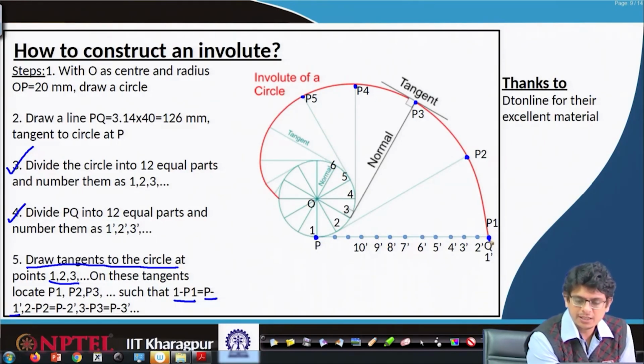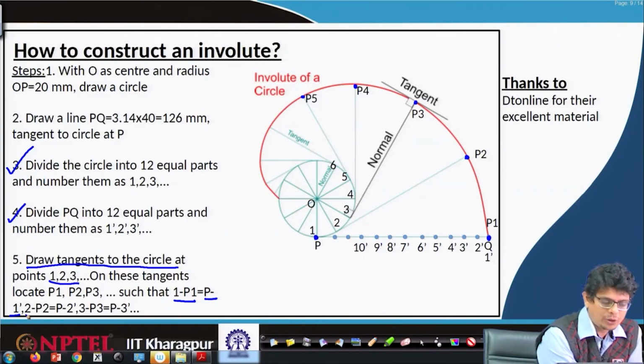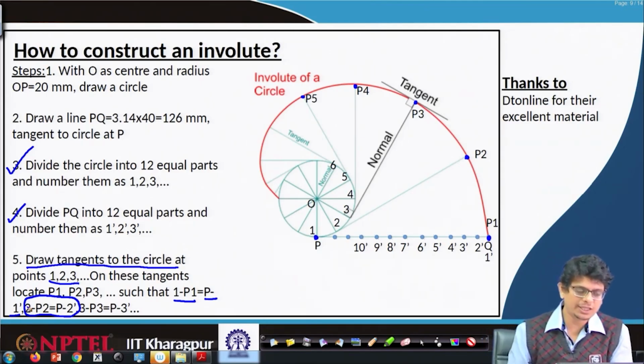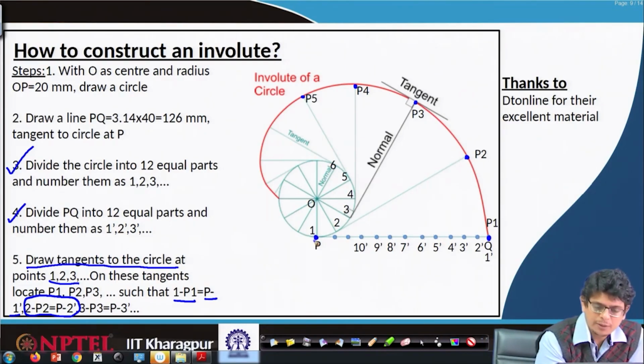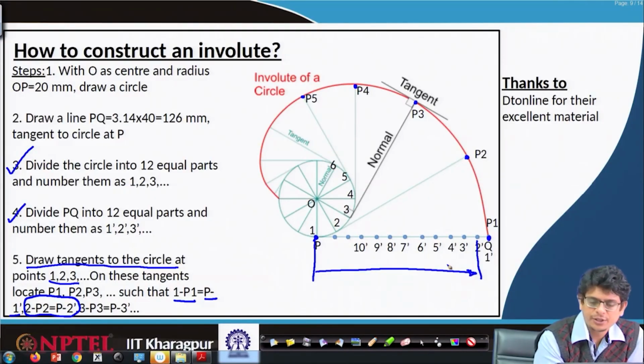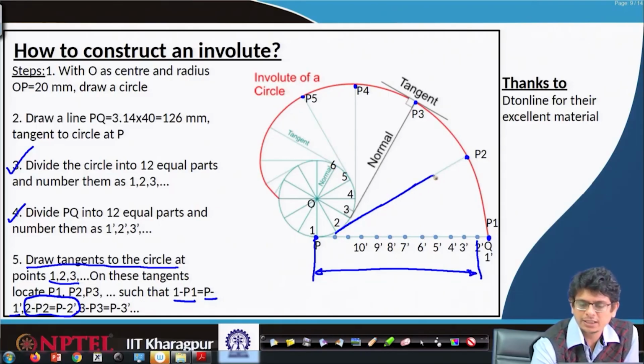So, P point is that and 1 prime is that. Similarly, we have to locate point P2 in such a way that the distance 2 to P2 is always equal to the distance P to 2 prime. So, use that distance with the compass from P and intersect the tangent passing through point 2. The tangent through point 2 goes in that direction.